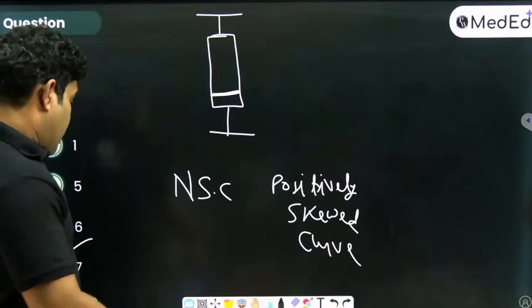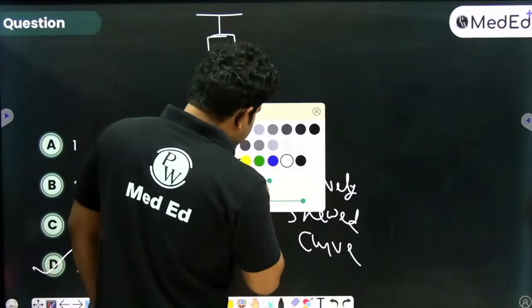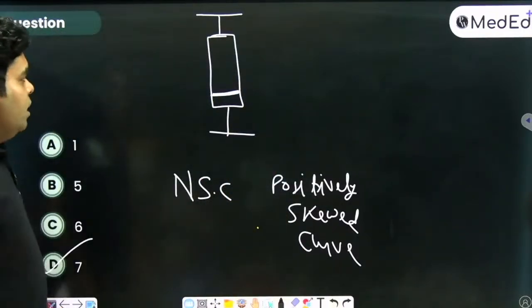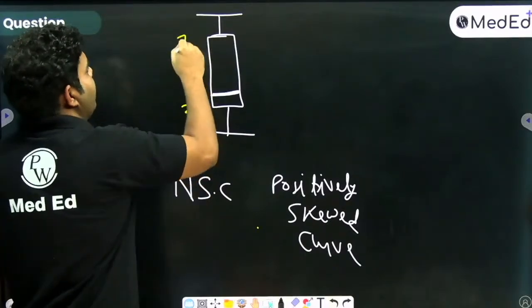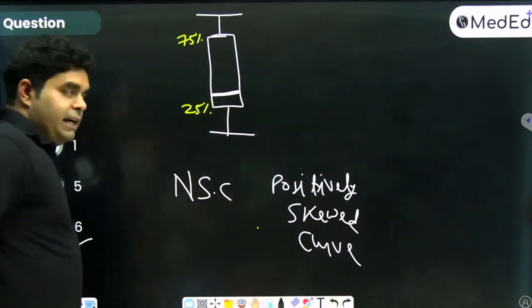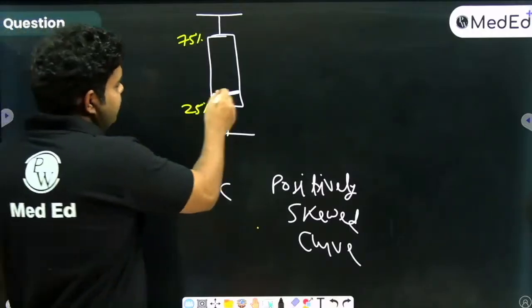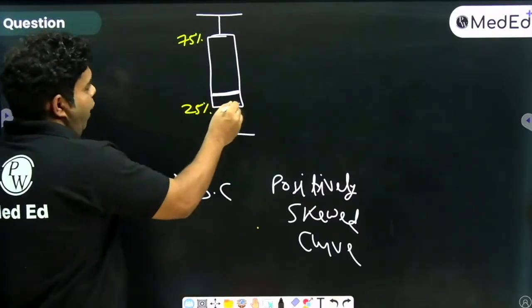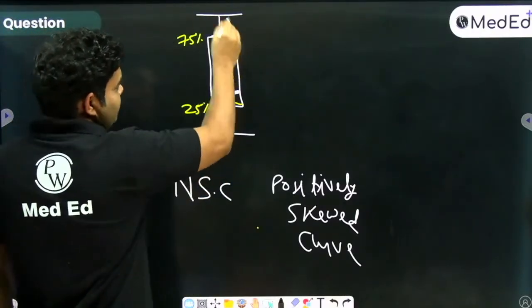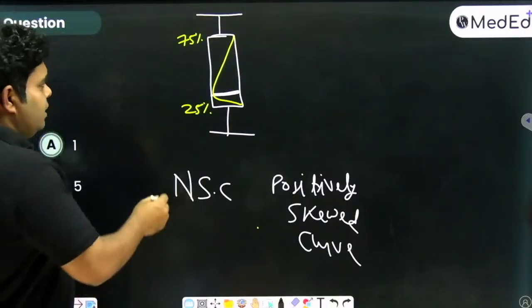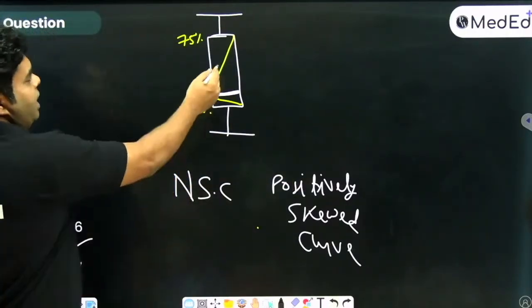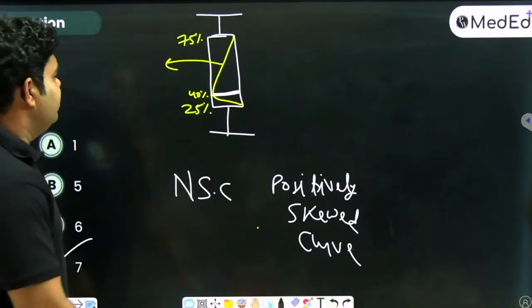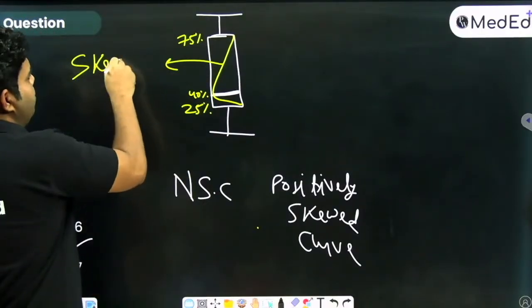So I hope you know that in the box and whisker plot, the lower part is at 25 percent and the upper part is 75%. And if the bar is in the center half, we can draw an imaginary line going like this. Let's say, suppose at 40% you have this bar. So this part, which is between 40 to 75, is the skewed part.